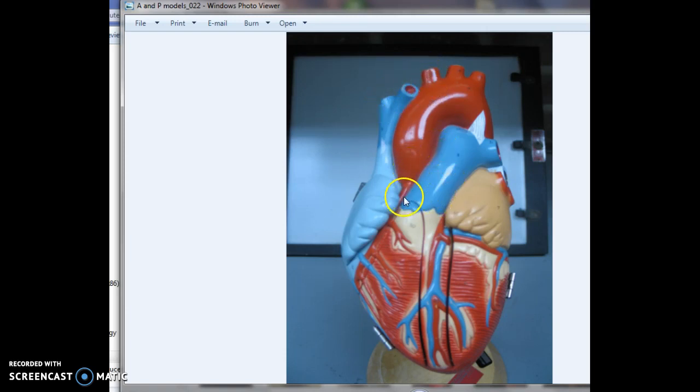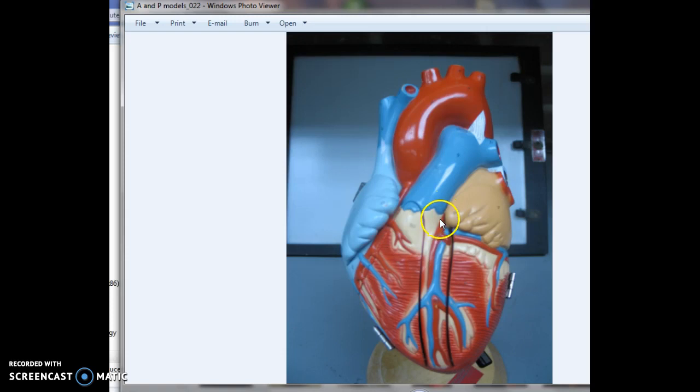Now the aorta has 2 coronary arteries coming off of it. This is the right coronary artery. It goes into the atrioventricular sulcus, and it goes around the heart. There's an artery going down here called the right marginal artery. On this side, you have the left coronary artery, and it's very short. It stops right there.